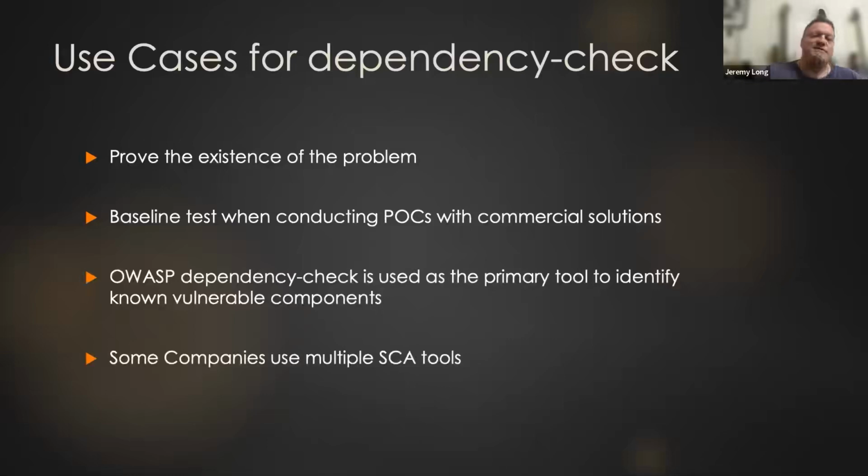And the interesting thing is that some companies actually use multiple SCA tools. That's because, in my opinion, software composition analysis is one of the most critical security testing that can be done.